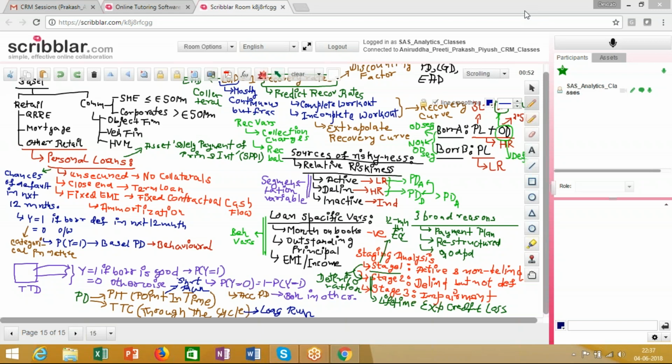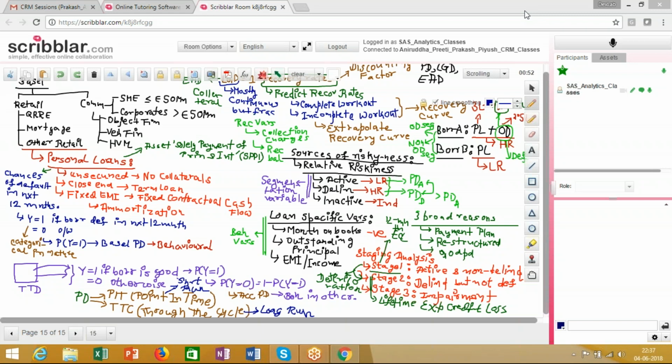So one very important challenge is that it is very difficult to find actual variables which are through the cycle in nature, especially in different kinds of products which incorporate the retail and the commercial portfolios, right? So in products like personal loans, credit card, etc., it becomes very difficult for us to find variables which are through the cycle in nature. Right, so most of the variables are point in time variables.